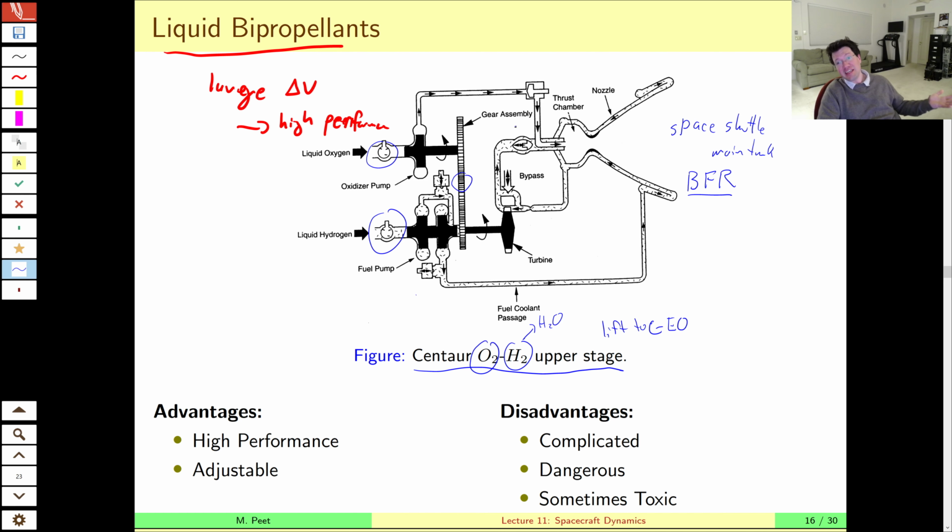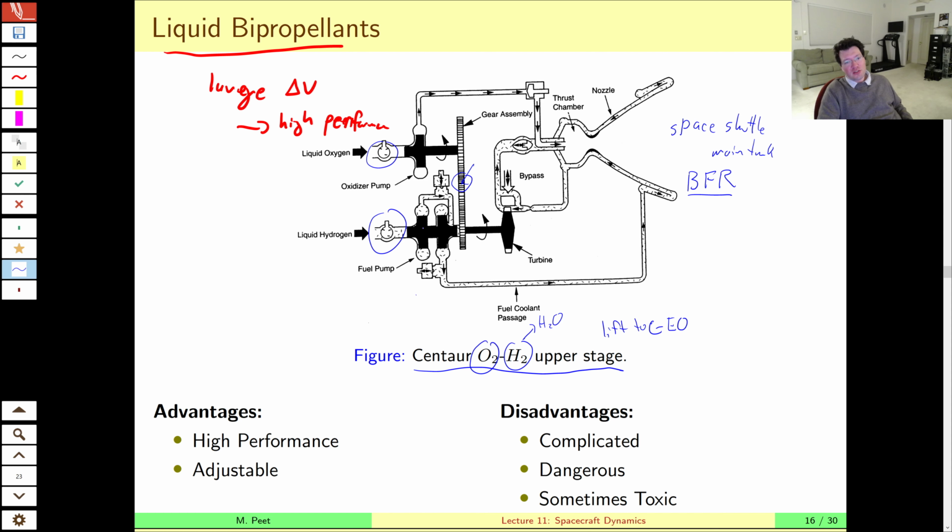There can't be any leaks. That's very important because oxygen will burn up anything it comes in contact with. And as will hydrogen, of course, if it encounters air, for example. So there can't be any leaks. This ratio has to be fixed.